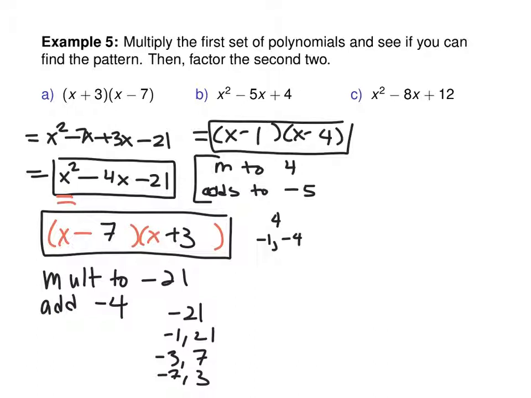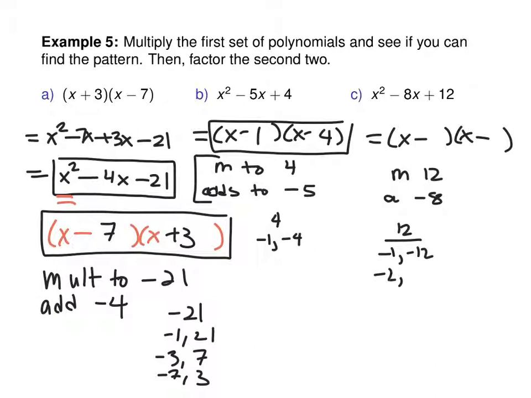All right, this one. We'll have x and x. Will we have both positive, both negative, or one of each? Both negative. Okay, they've got to multiply to 12 and add to negative 8. So is 12 negative 1 and negative 12? No. Is it negative 2 and negative 6?